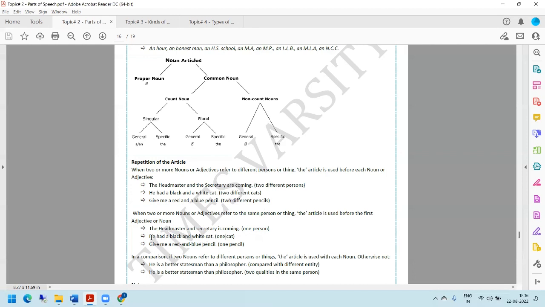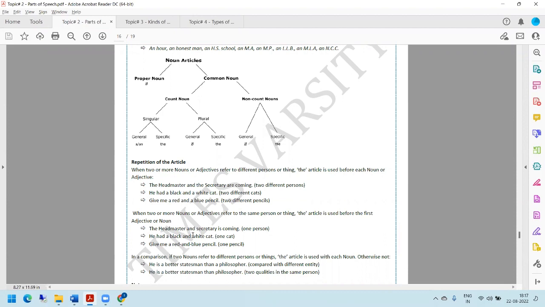You see the difference between this sentence and this sentence. There is only a difference of "a" here, and here it is not added, but look at the difference in meaning. When we add "a" here, "He had a black and a white cat," it means two different cats.